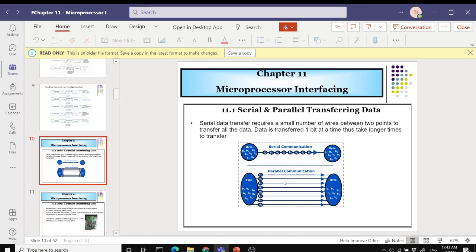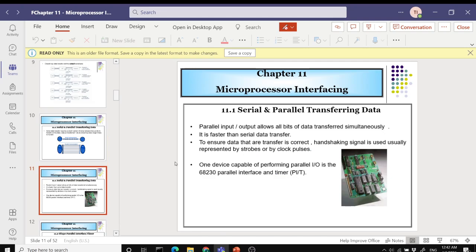So things are switching to serial communication. But inside your computer, the communication from one component to another component, for example from your RAM to your GPU to your CPU, is still using parallel mode of transferring data.